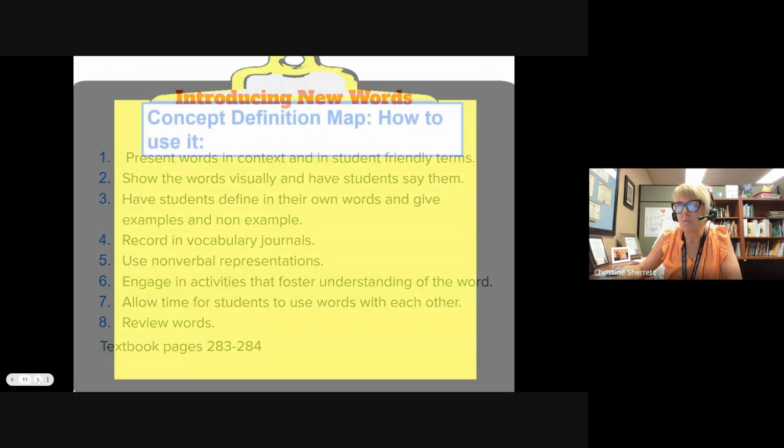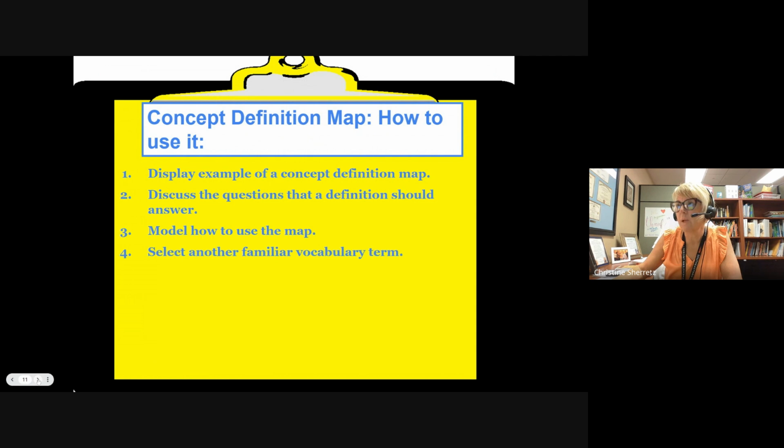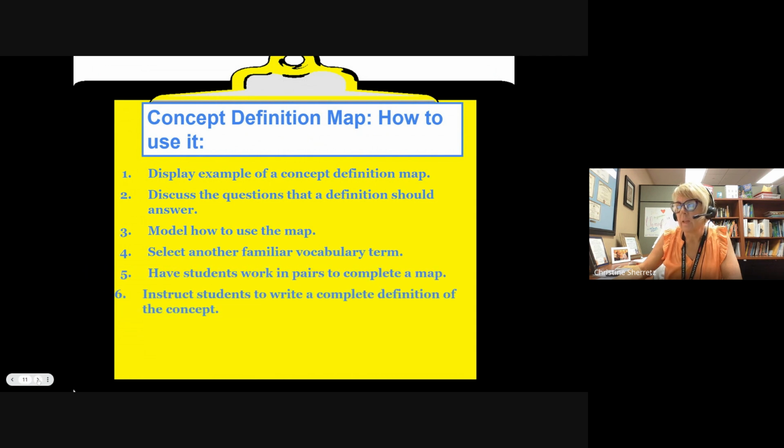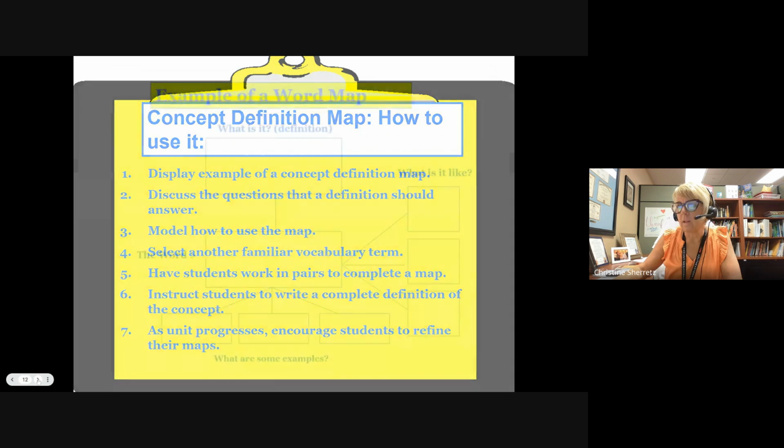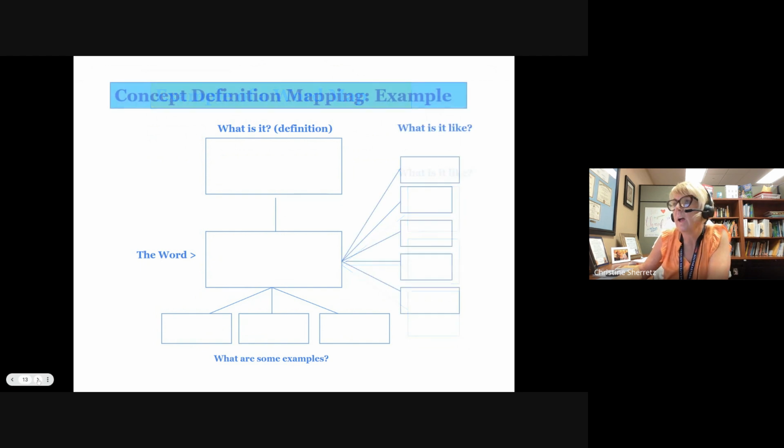So I'm going to go over a few strategies with you. One is a concept definition map. Here is an example of that. If we had the word polygon, we know that polygon is a tier 3 word in math, right? So we're going to first give a definition.